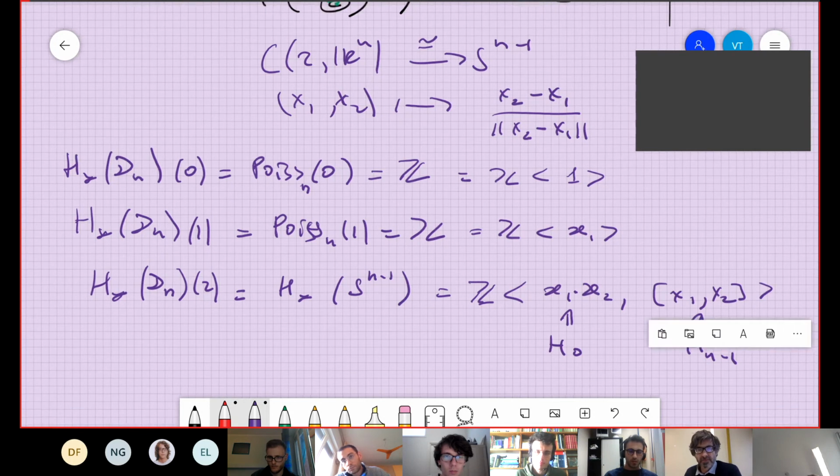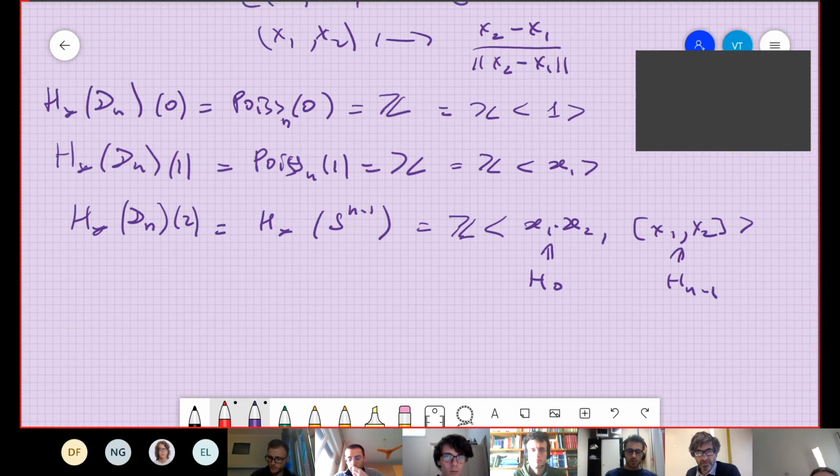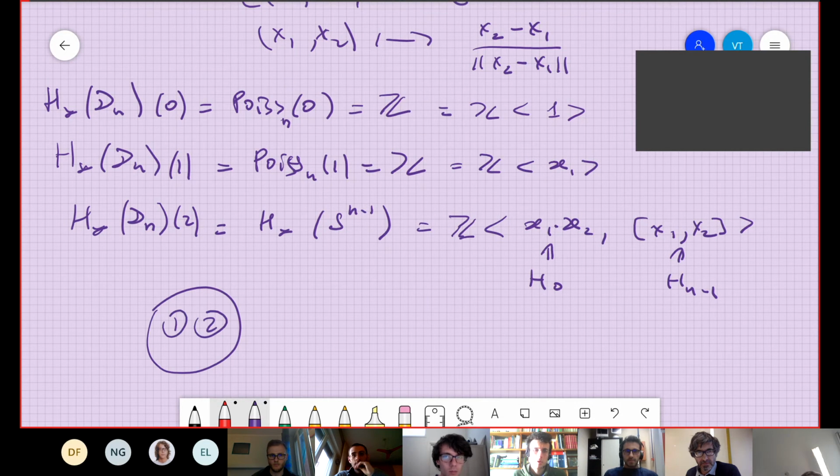That's geometrically what they correspond to. Essentially x1 x2 is just any configuration of 2 disks. You just take any point, for example, this one, right? You see that this product is not commutative, it's not associative, but it is homotopy commutative and homotopy associative.